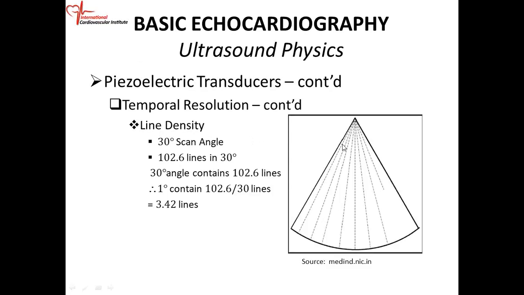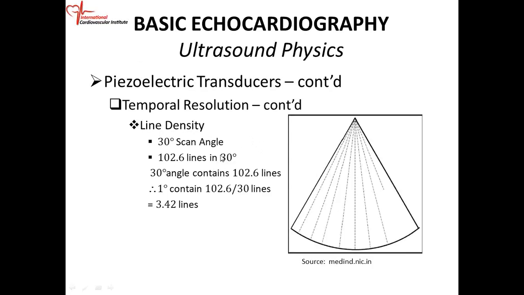A scan line is just a transmitted pulse and a reflected pulse. That's what a scan line is, or if you want to call it a pulse. Each scan line is a pulse. So in 30 degrees, you have 102.6 lines.